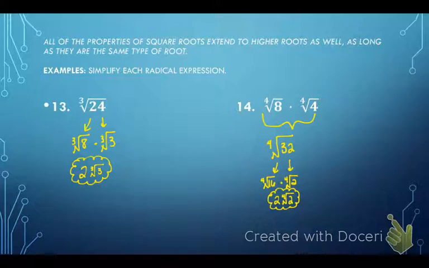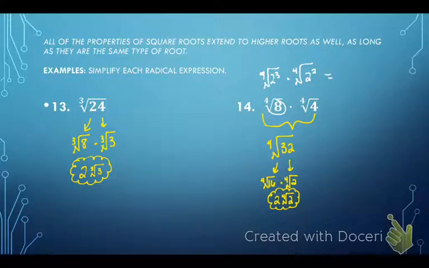Now, one way that I showed my students last year was that I can write 8 as 2 to the third. I can write 4 as 2 to the second.